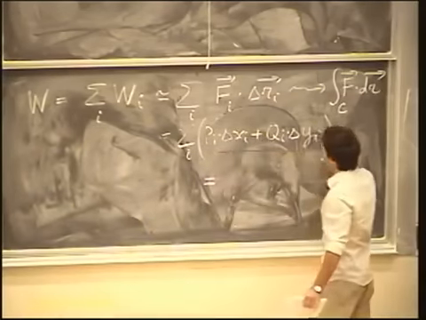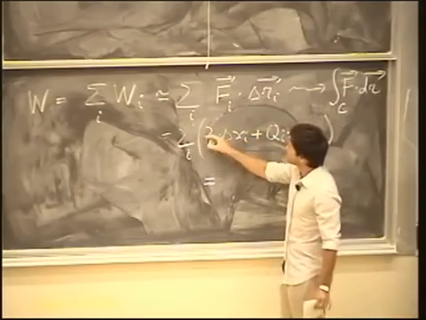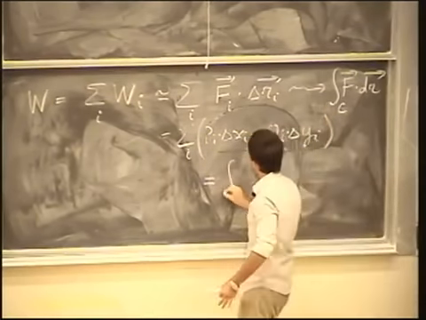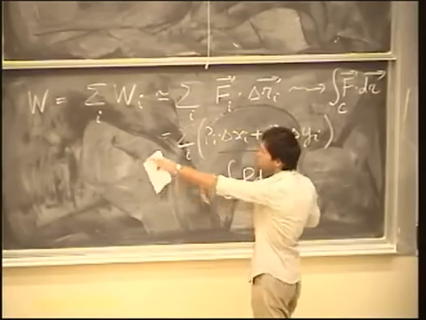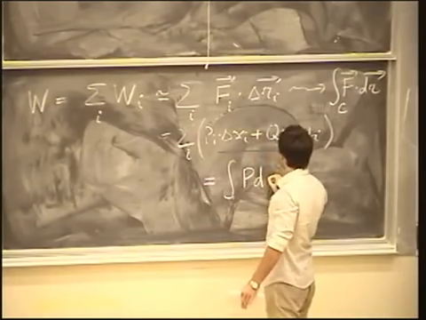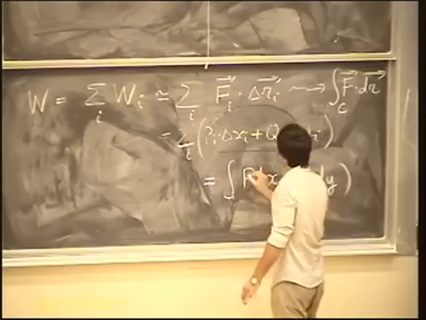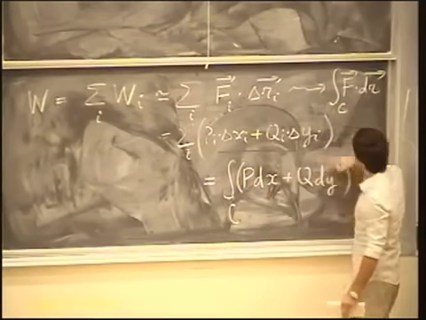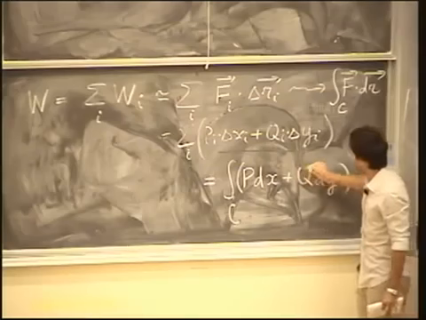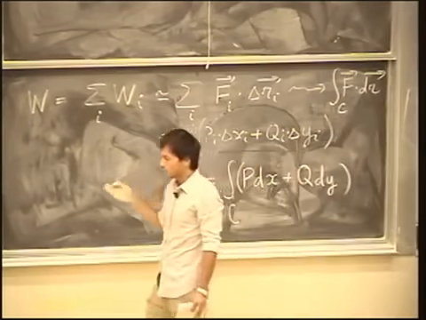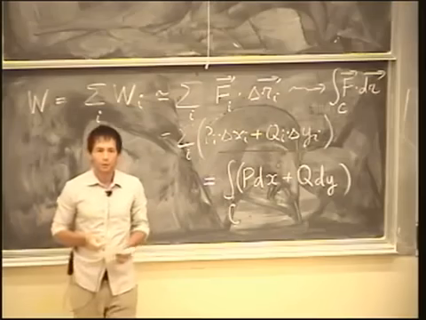And you can also think in terms of this expression, which is a more detailed expression for this dot product. That's how you get this second formula on the left board, p dx plus q dy. It's the same thing. It's just writing the dot product in components.